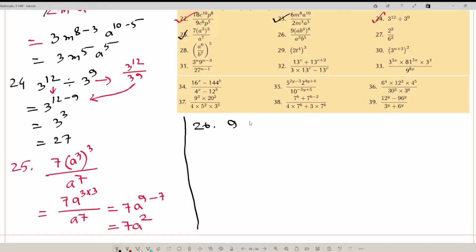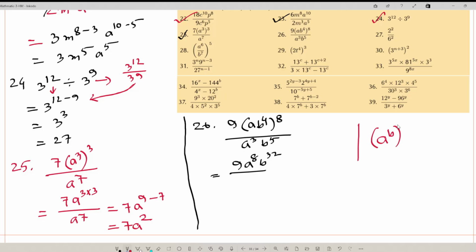9 (b^4)^8 divided by a^3 b^5. So this one is 9a^8 b^(4 times 8), it's 32. Why this one? We can clarify like this: (a^b)^m means a to the power m times b.